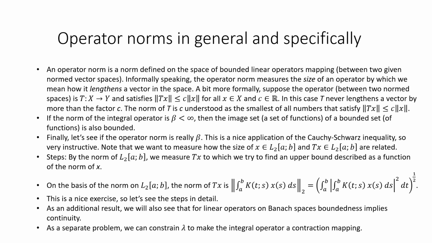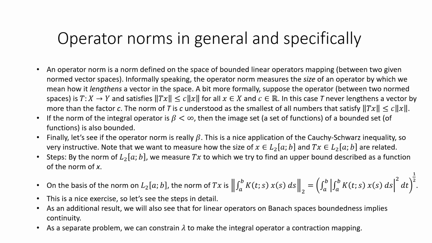We will have two norms, and we can compare them. We have a length of the function before the application, and a length after the application. We can see if there is a finite factor which can be interpreted as the maximum by which the operator lengthens the function, the point in this space. And by the norm of the operator, we understand this maximum factor.